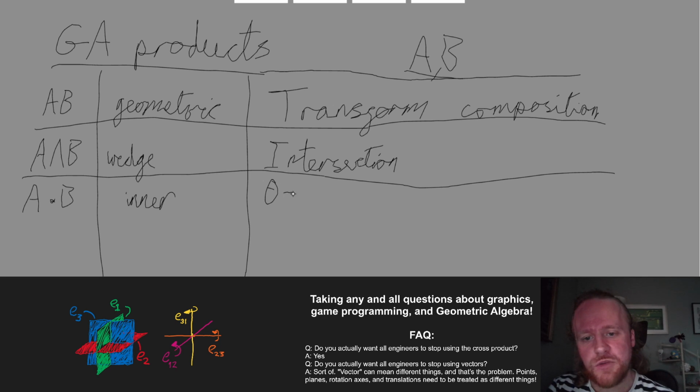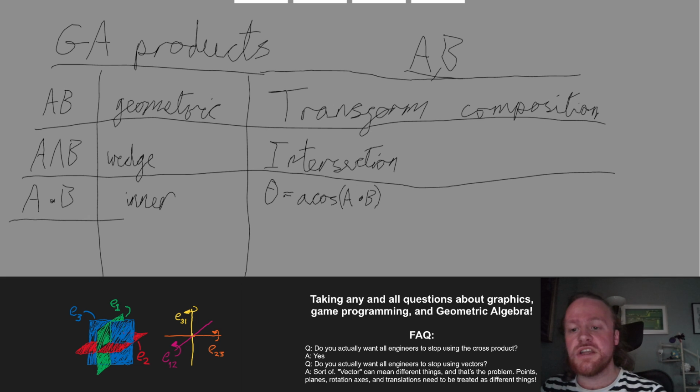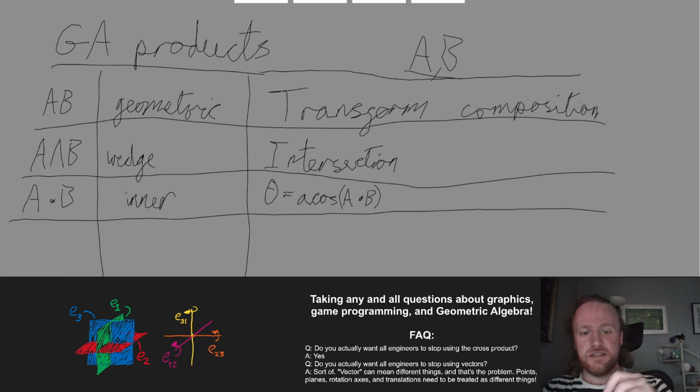This is a hand wavy product that I'm drawing here, but theta equals arccos of a dot b. There are some things that I'm skirting over there, but that's basically true. The arccosine of the inner product of a and b will be theta.